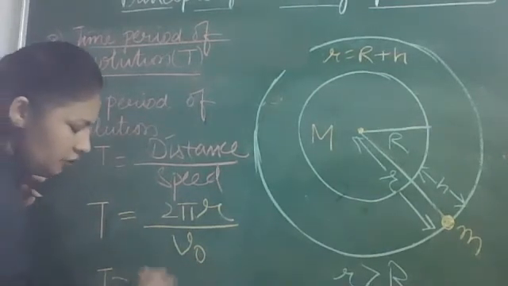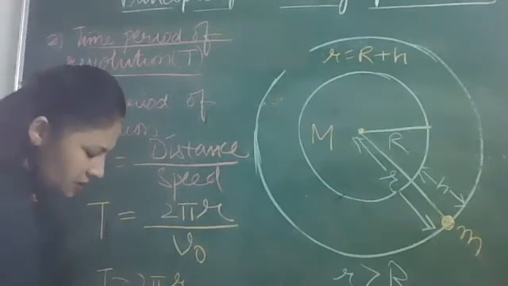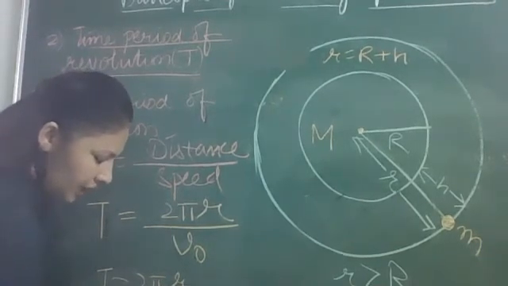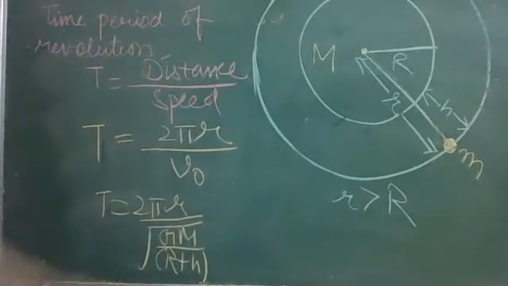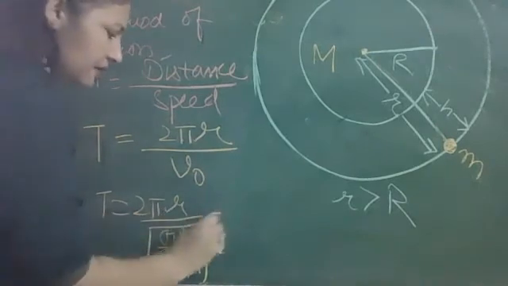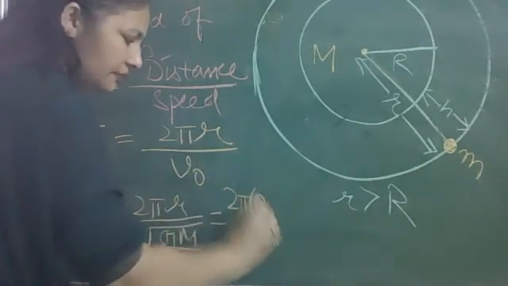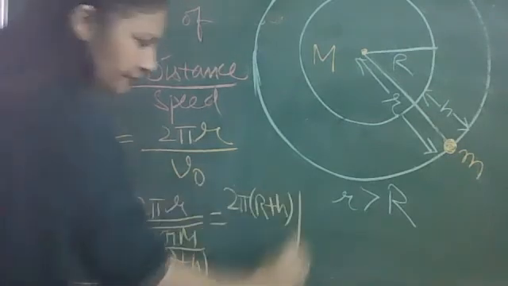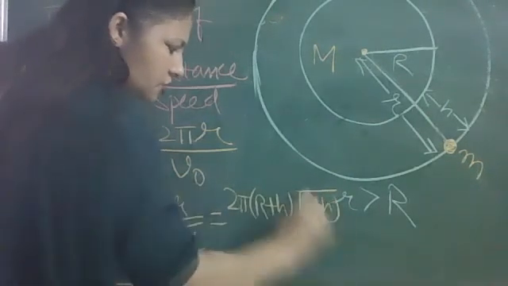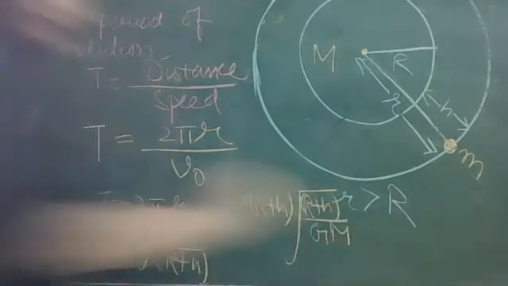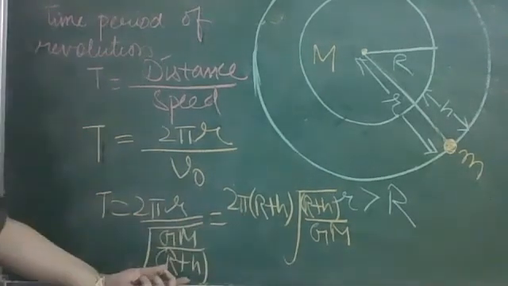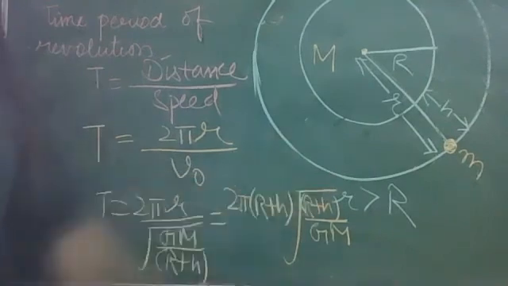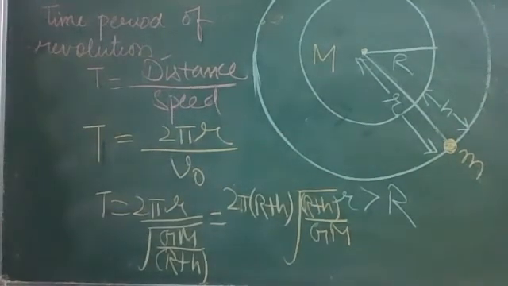So T is 2 pi r, and orbital velocity was under the root GM over R plus h. Also small r is R plus h. So 2 pi (R plus h), invert that, under root (R plus h) over GM. I hope this step is clear to you. This small r is also R plus h, and this value R plus h comes in the numerator.